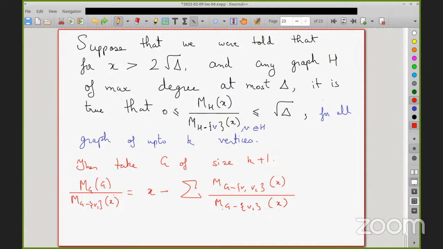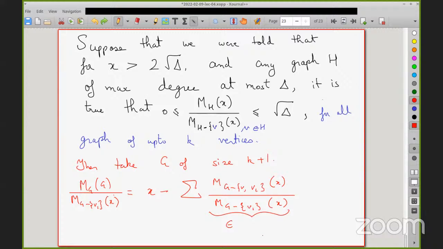Now this guy belongs to what? It's a reciprocal of something that is non-negative. This is at least 1 minus delta, and there are delta many terms. Just a second, I'm making sure I'm not messing up something. You get 1 over root delta greater than, and then you have a subtraction.